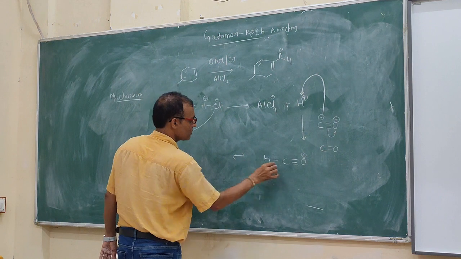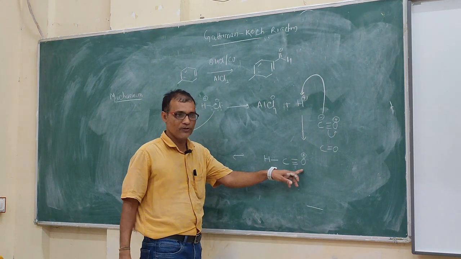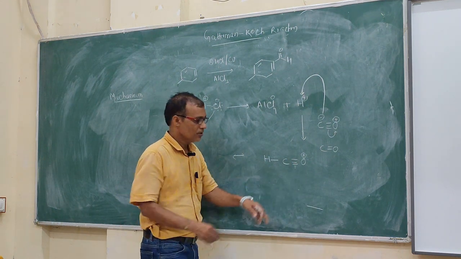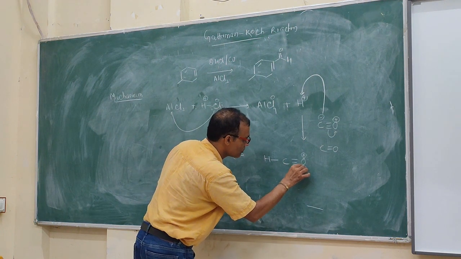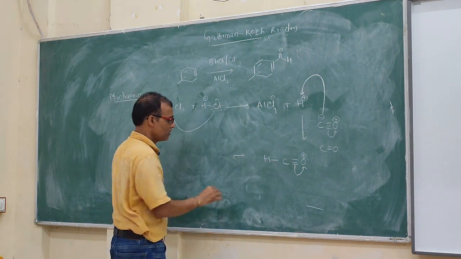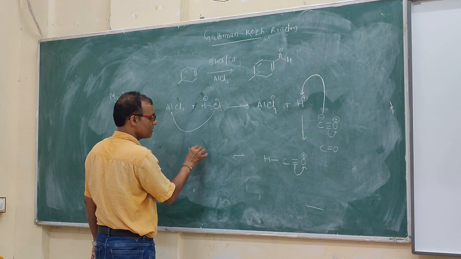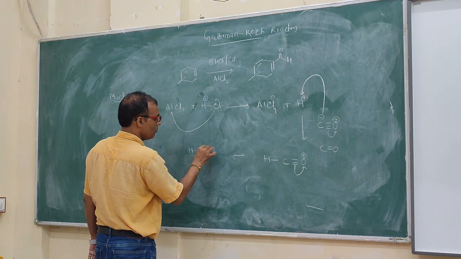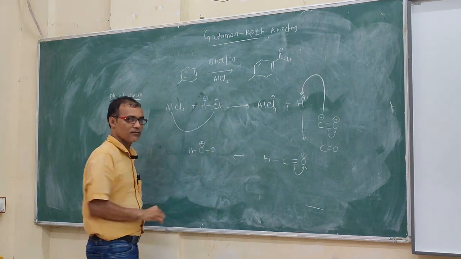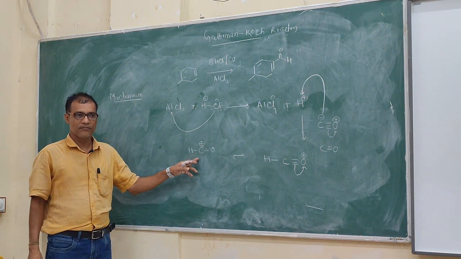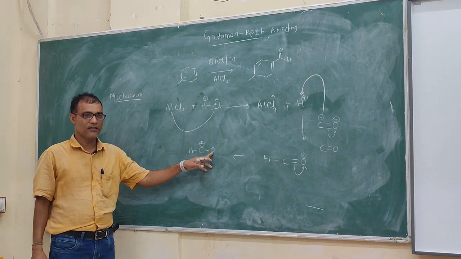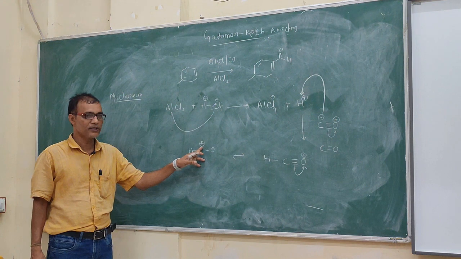Since a positive charge should not be on the most electronegative atom, this bond is delocalized to oxygen. Then what will happen? H, C double bond, O plus. Now it is correct, because between carbon and oxygen, carbon is less electronegative, so the positive charge should be here.